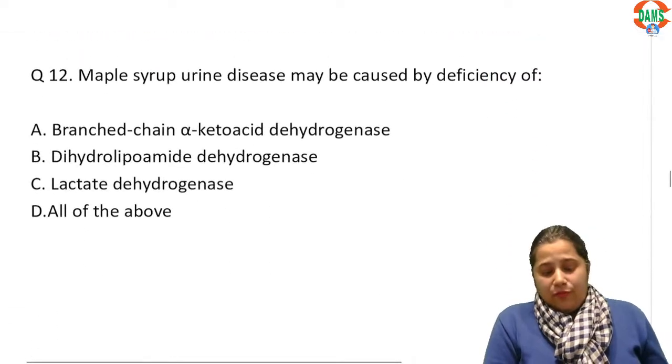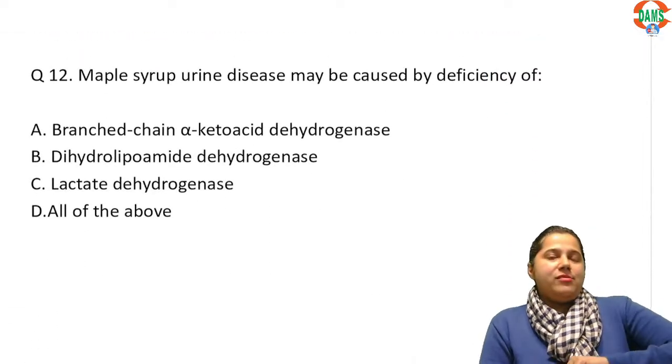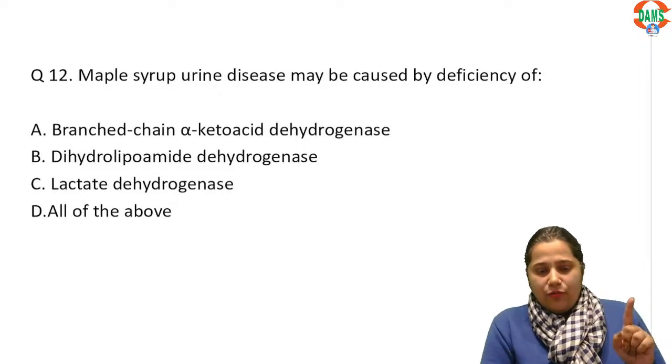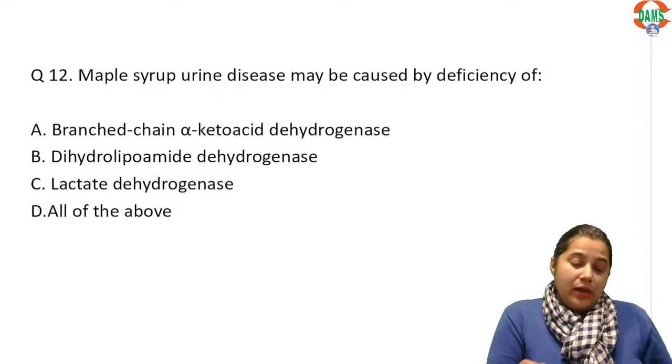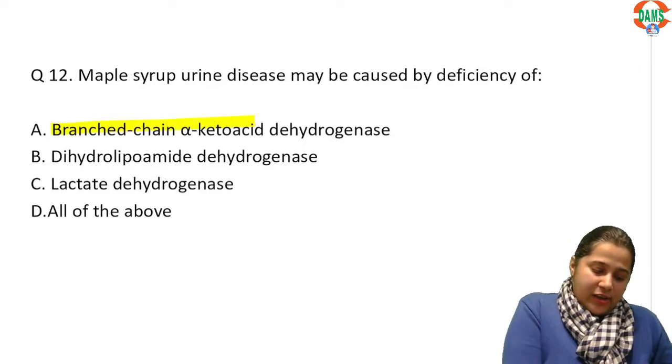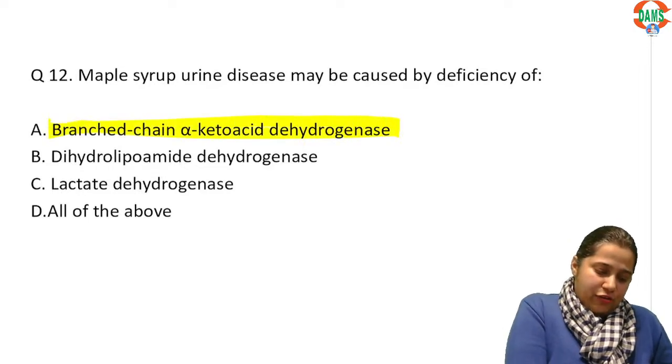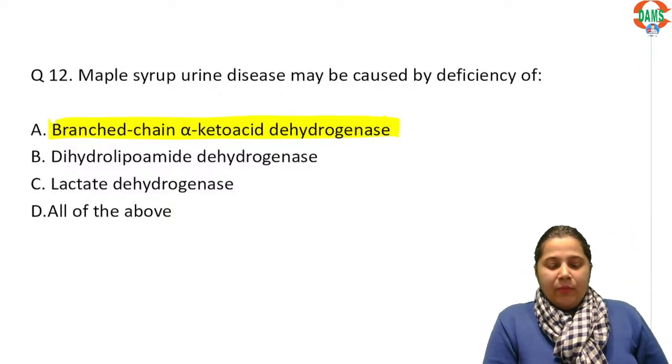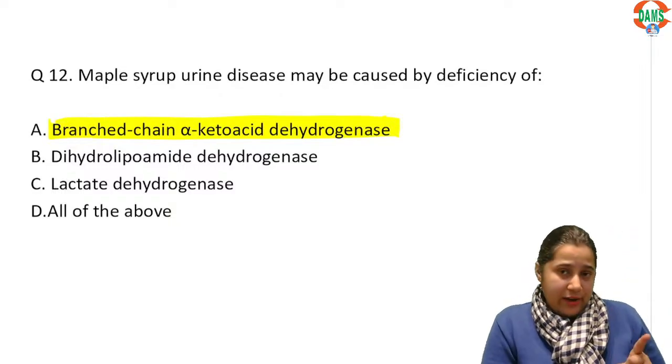Question number 12. Maple syrup urine disease is caused by deficiency of the enzyme. This all of you know. The branched chain keto acid dehydrogenase. It is due to the deficiency of the enzyme branched chain keto acid dehydrogenase.